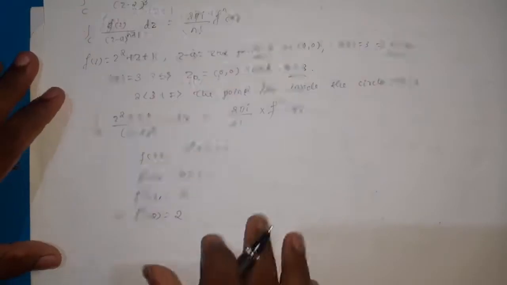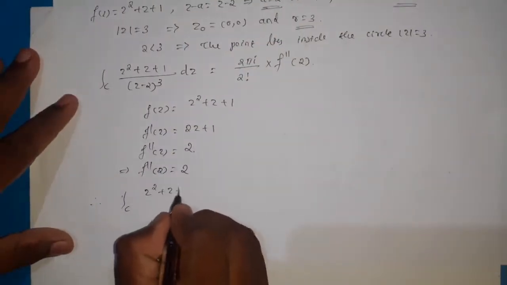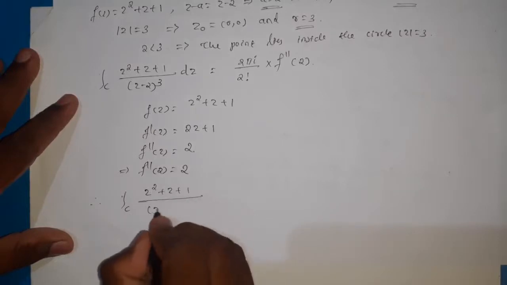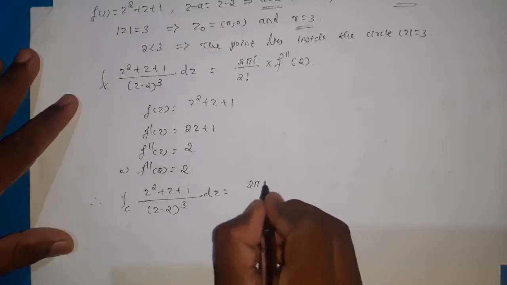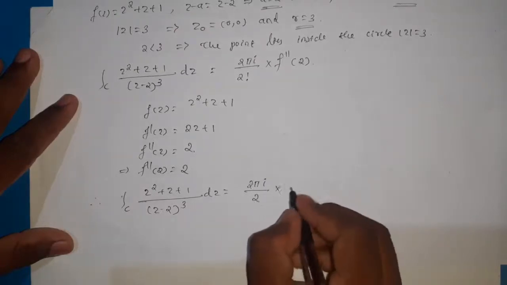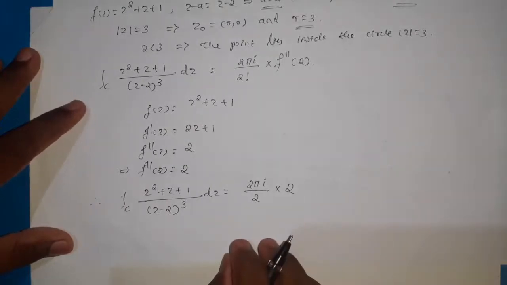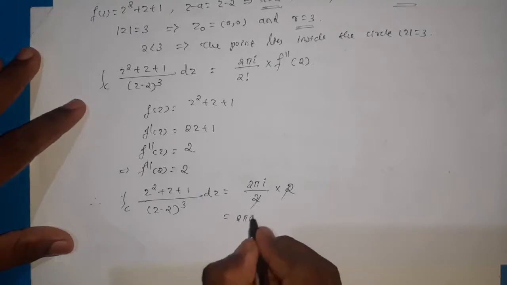So therefore the integration over C of (z square plus z plus 1) divided by (z minus 2) whole cube dz is equal to 2 pi i divided by 2 factorial times 2, which is equal to 2 pi i.